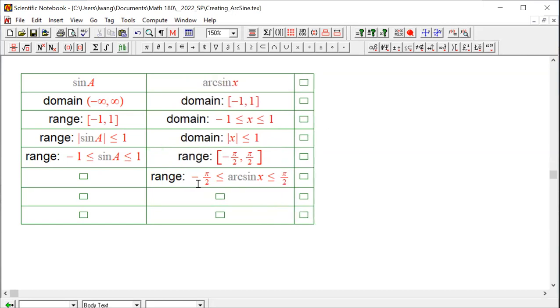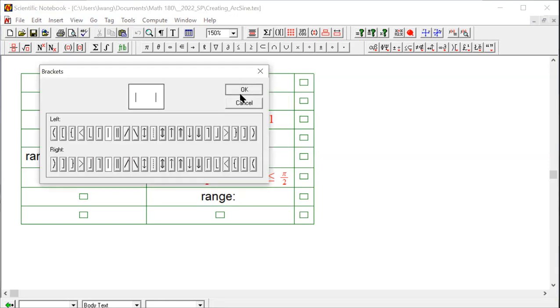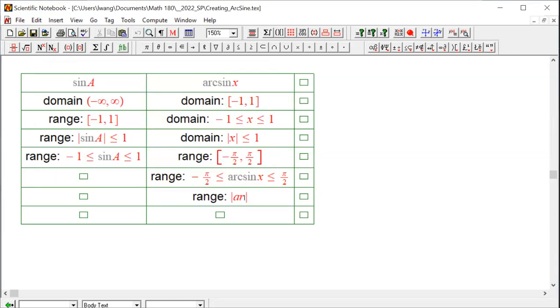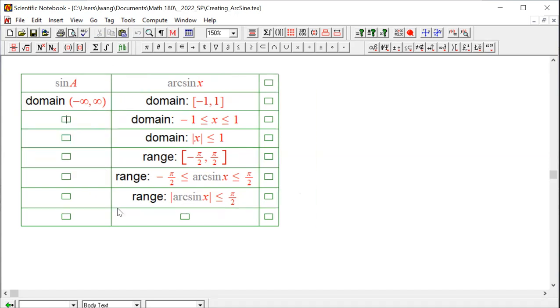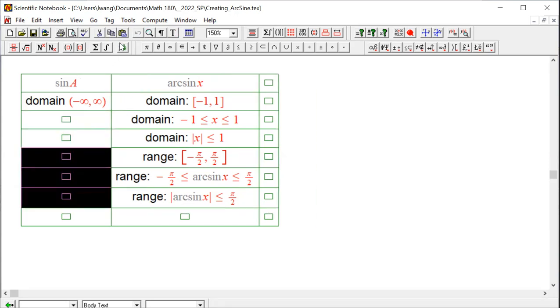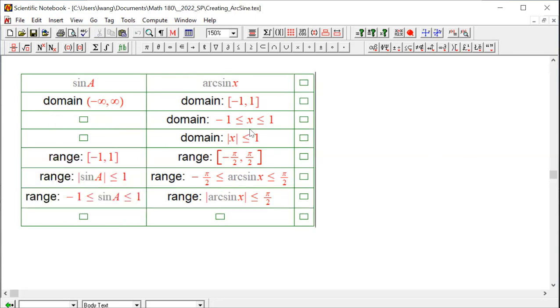And the other expression for range for arcsine would be the absolute value of arcsine x less than or equal to π/2. So domain has all these different expressions, and range for both functions.